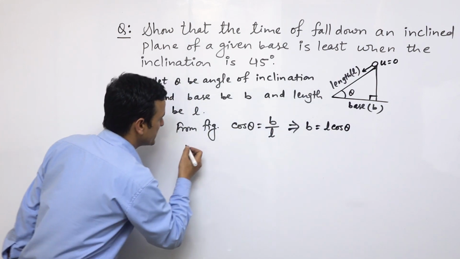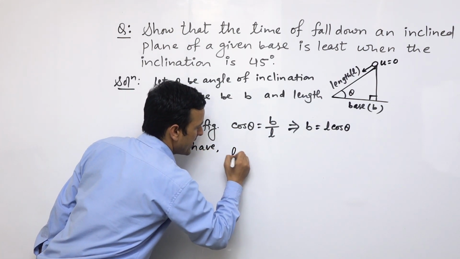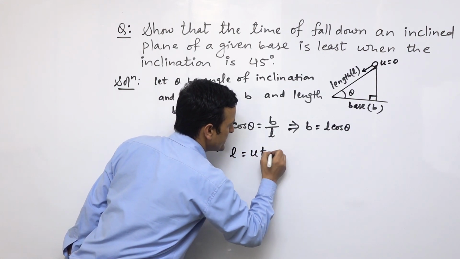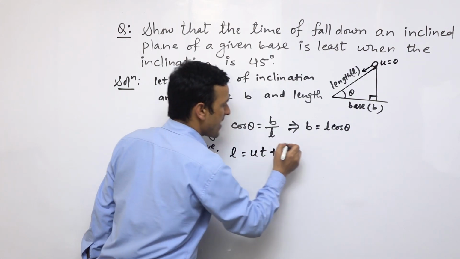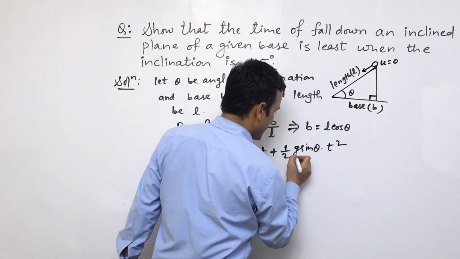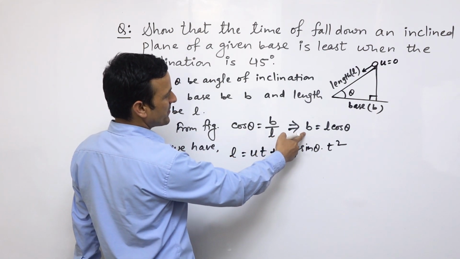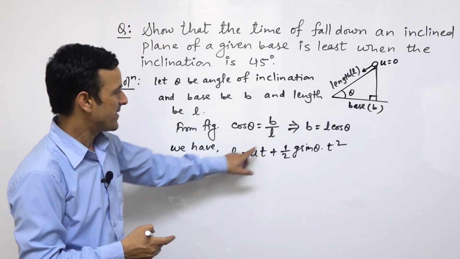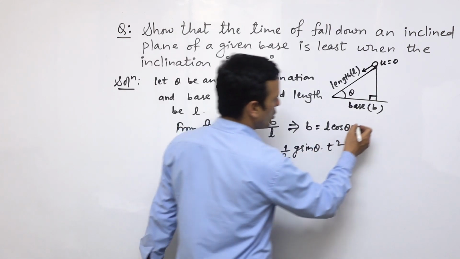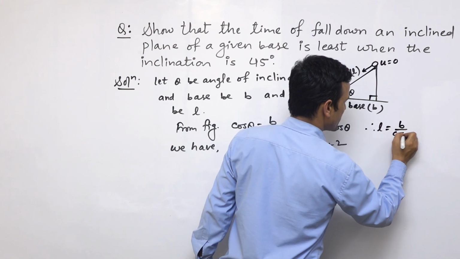So again we have L is equal to ut plus half g sin theta into t square, then write down the value. L means we can find out from the L, right? The value of L, we have to find out the value of L from here. So therefore L is equal to what? B upon cos theta.